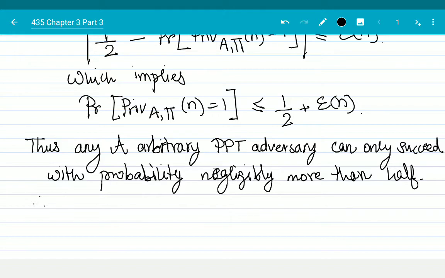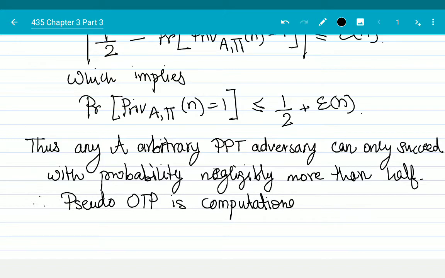Therefore, pseudo OTP is computationally secure, as required.